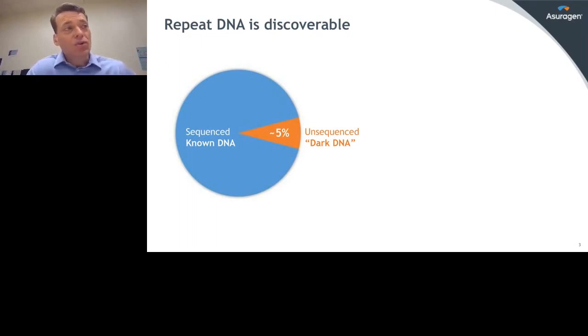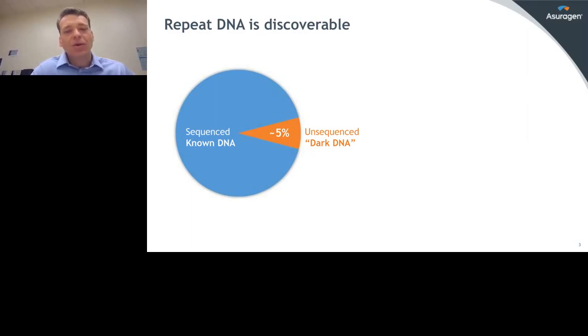So with my disclosures in the background, let me begin by saying that the known genome is not the whole genome, nor is it the whole story for markers of genetic disease. Although we're nearly 15 years past the official close of the Human Genome Project, we still don't have a fully complete end-to-end sequence of our genome. Although estimates vary, about 5% of our genome sequence has defied conventional sequencing technology and has remained dark.